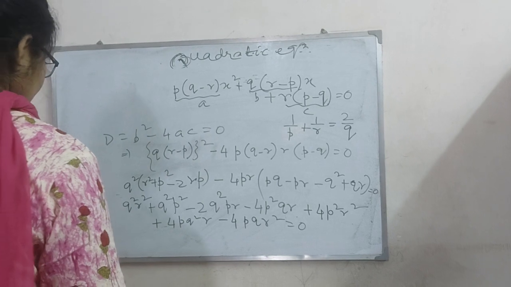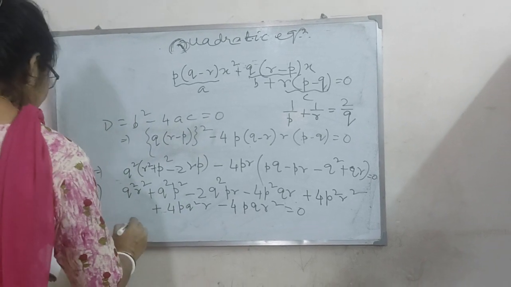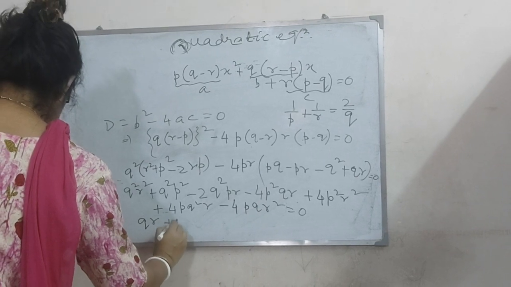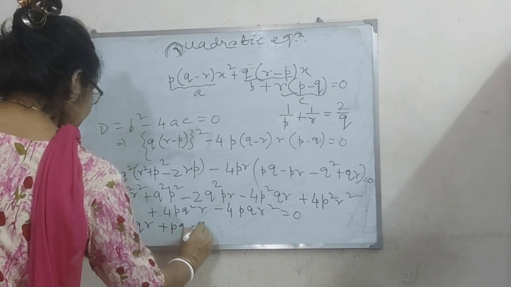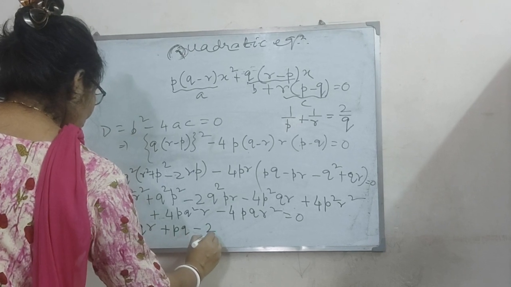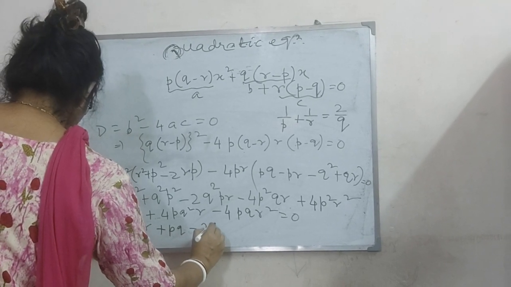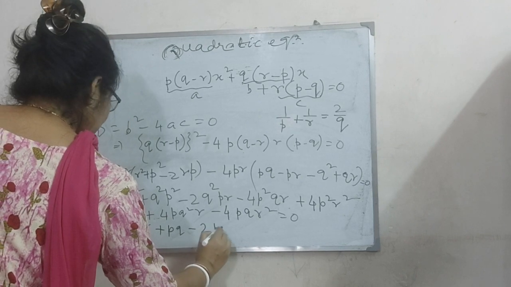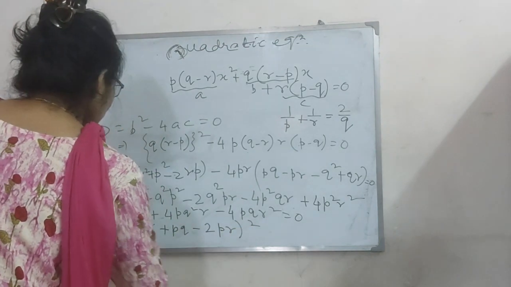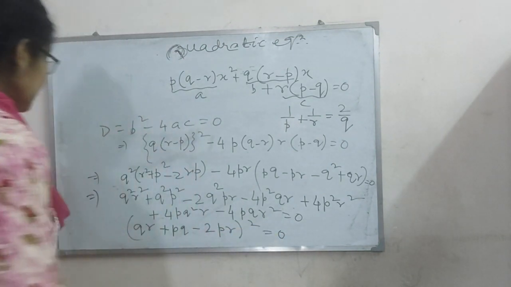From here I will write (qr plus pq minus 2pr) whole square equal to 0.